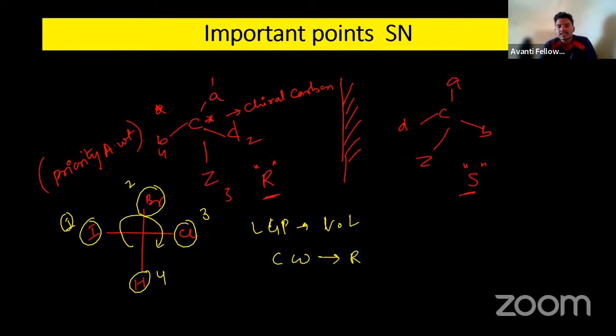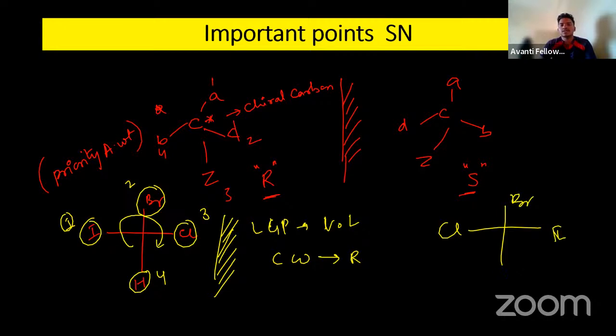Now, what is the mirror image of this one? If you keep a mirror image, you get Cl, Br, I and H. If you give the numbering 1, 2, 3, 4, what is the rotation here? This is anti-clockwise, so this becomes S configuration.